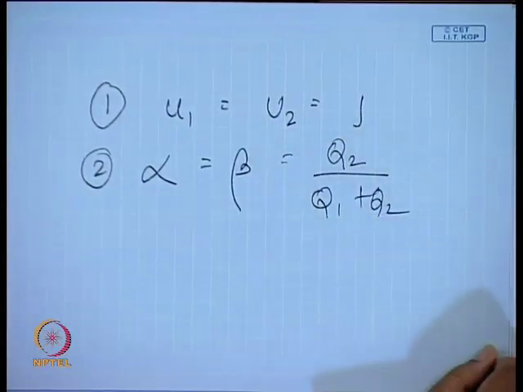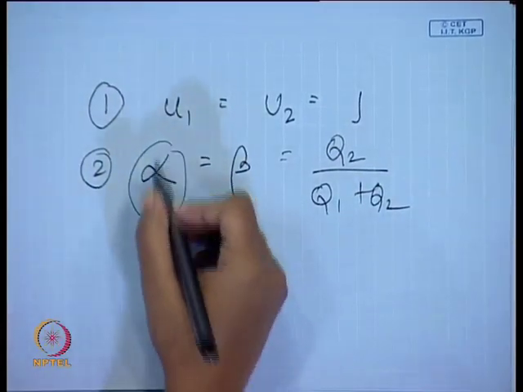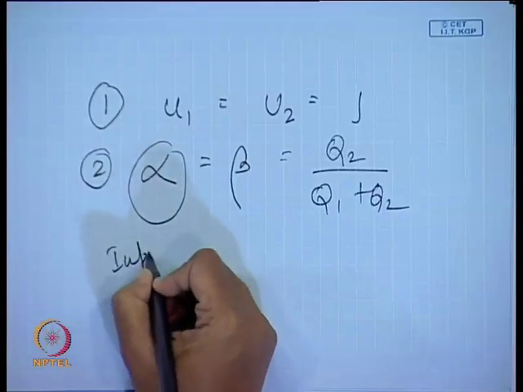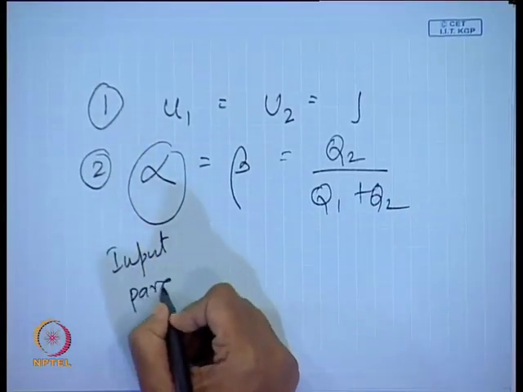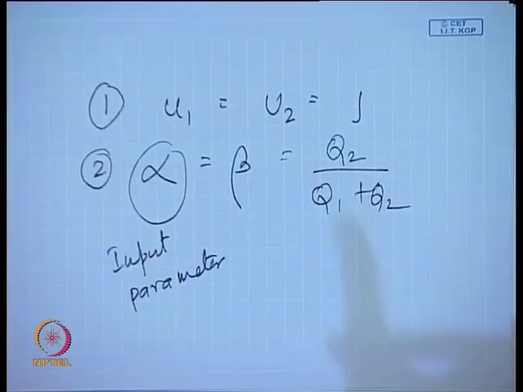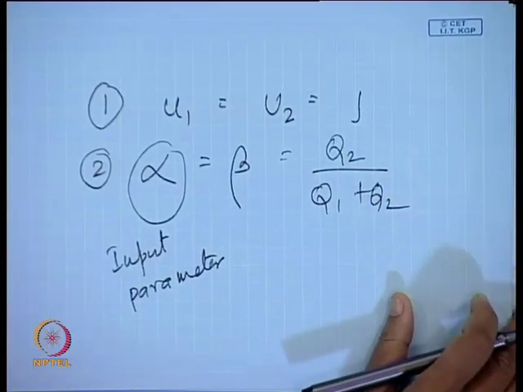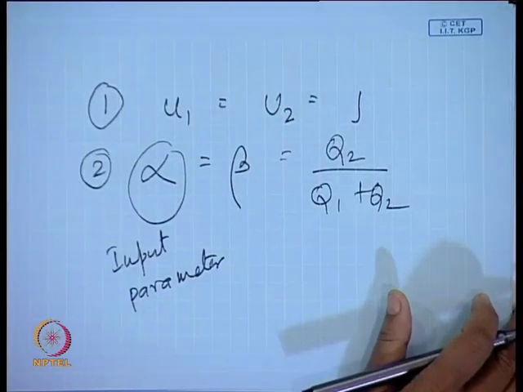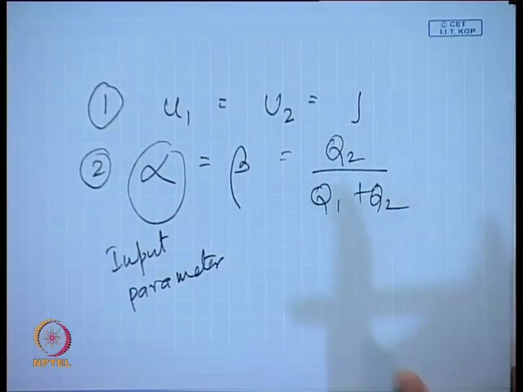This implies that under these circumstances alpha becomes a measurable input parameter. If we know the flow rates of the two phases, which is very easy, you just have two rotameters or any flow meter to find the inlet flow rates. The moment you know the inlet flow rates, we can find out alpha.